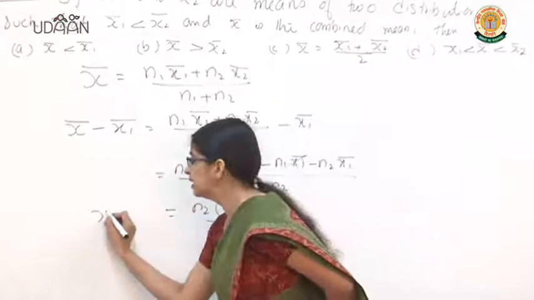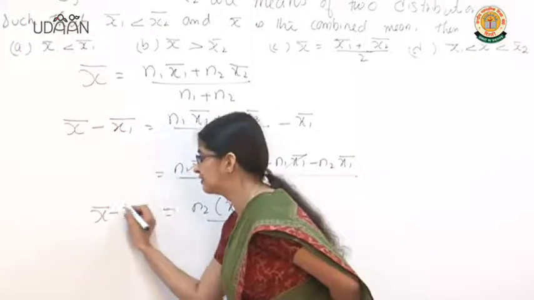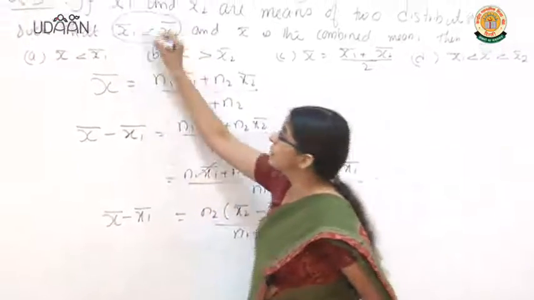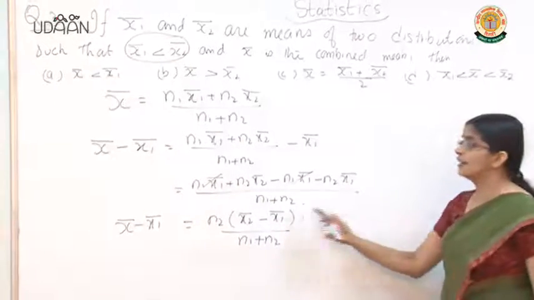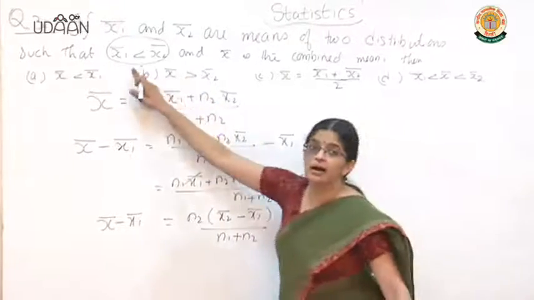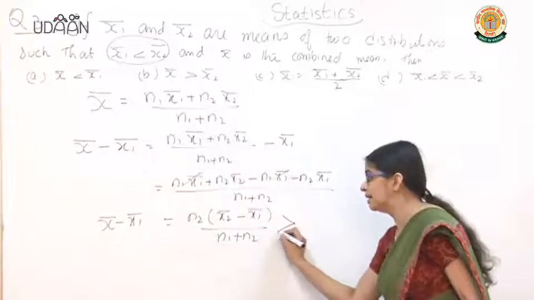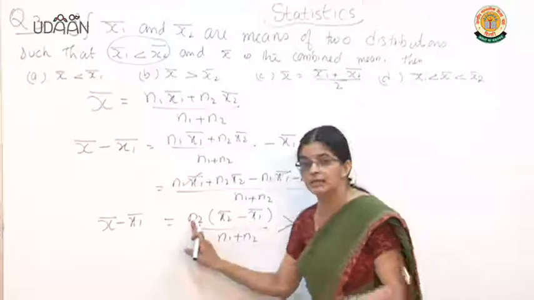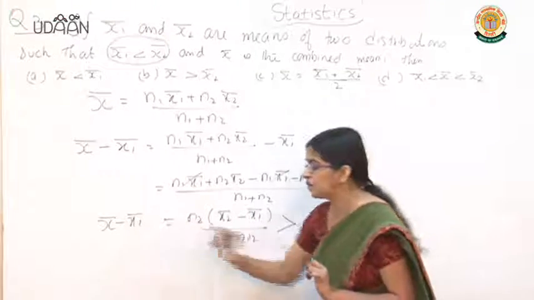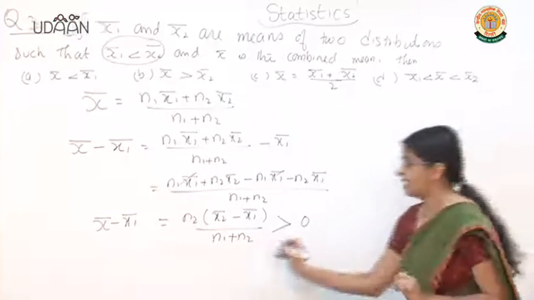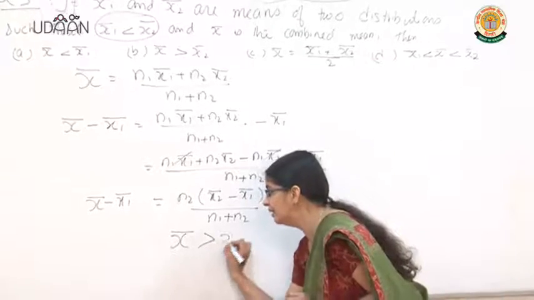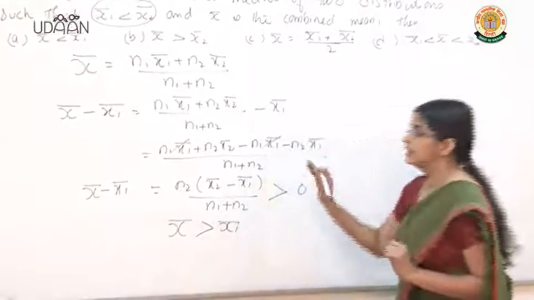What is this? It is x bar minus x1 bar. Read the question again. What is given to you? x1 bar is less than x2 bar. Here we have x2 bar minus x1 bar, so this quantity will be clearly greater than 0. n1 and n2, the numbers of observations, are positive. So from here we get x bar is greater than x1 bar.